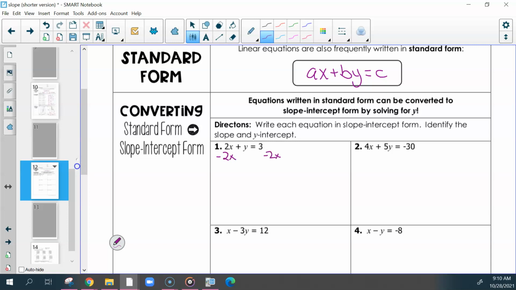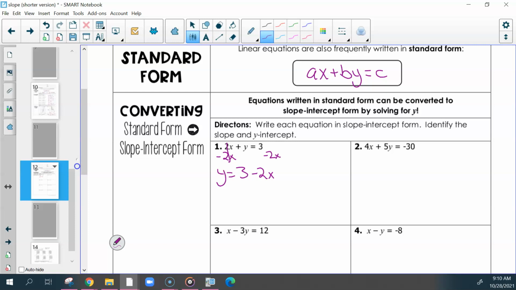And I'm going to move it next to 3, not right underneath, because these are not like terms. I can't combine 3 and negative 2x. One has an x, one doesn't. So when I do this, these cancel. I have y equals 3 minus 2x. Because really I'm just bringing it down.